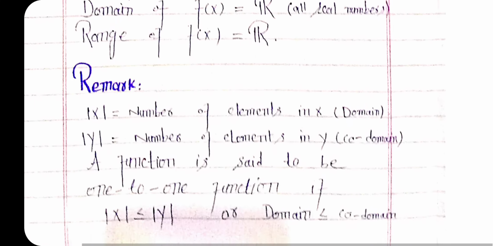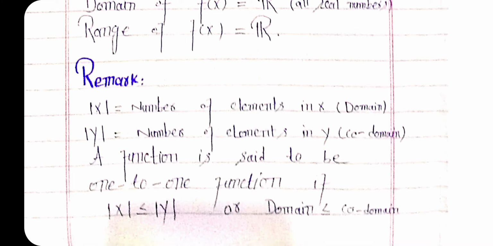Next, here we have another trick to find whether a function is 1 to 1 or not. We consider the cardinality of x and the cardinality of y, where x is the domain and y is the codomain, meaning the number of elements in x and in y.